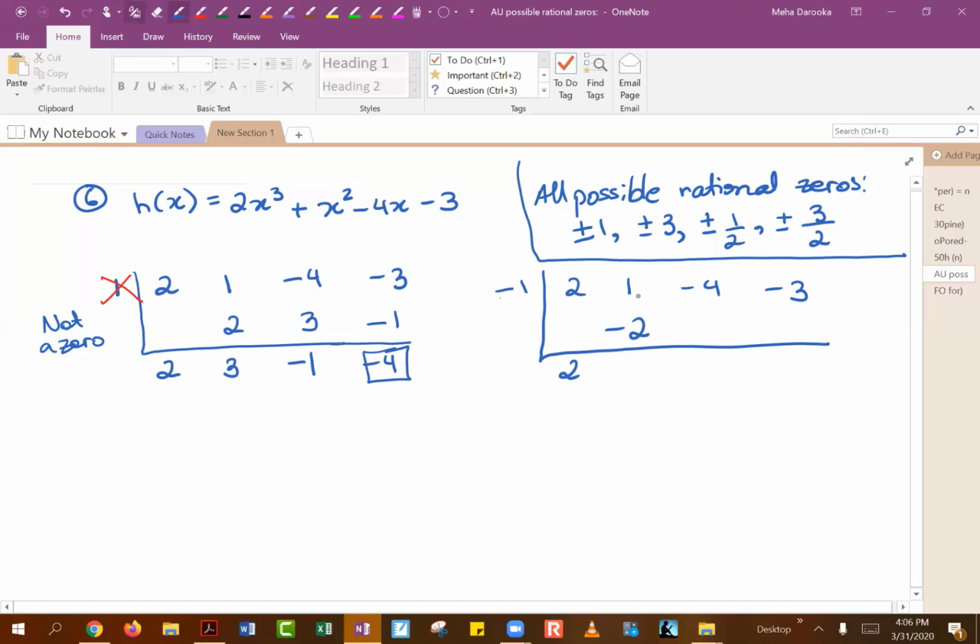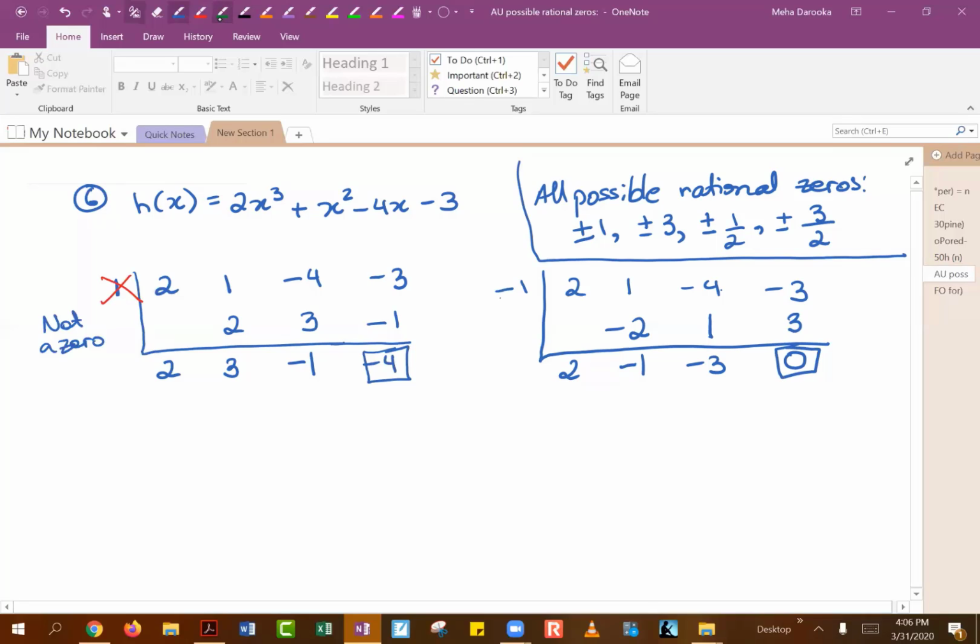Then you're adding 1 plus negative 2, which comes out to negative 1. Again, multiply negative 1 with negative 1, which gives you positive 1. Then you are adding negative 4 with positive 1, which gives you negative 3, right? Then negative 3 times negative 1 is going to be positive 3. And when I add negative 3 with positive 3, I get a 0 remainder.